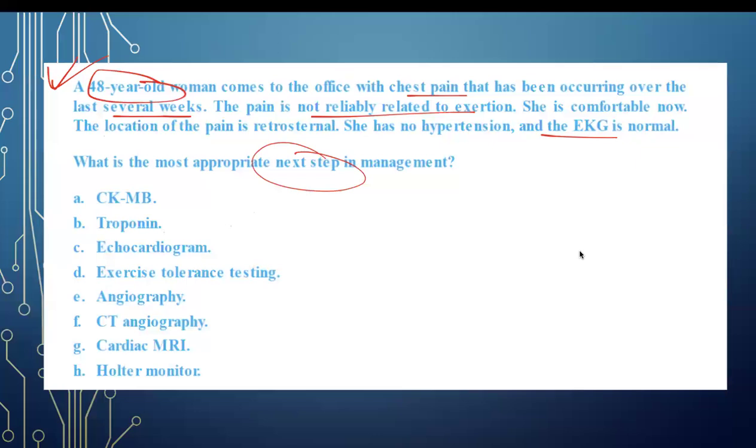Okay, so for this patient with chest pain occurring over several weeks, the ECG is normal at the moment, and the pain is also not related to exertion. Do we really need to do a troponin or CKMB in this patient? This is going on over weeks, so definitely this is not going to do anything.